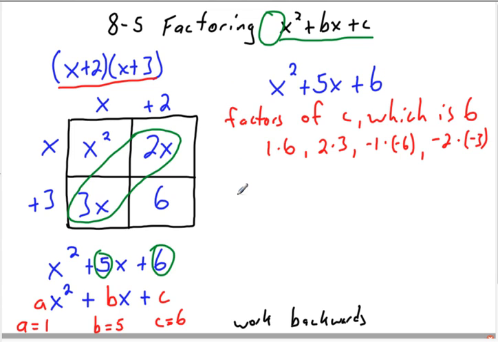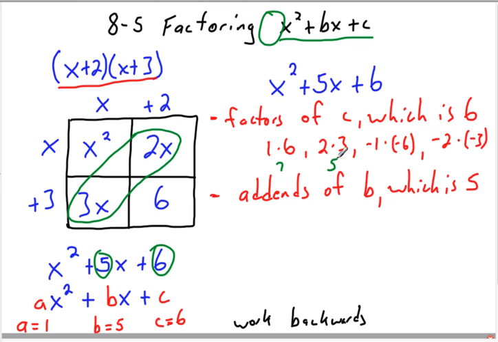Here are factors of c, and we want addends, things that add together, of b, which is 5 in this case. So which of these four pairs add up to 5? Well, that adds up to 7, and that one's 5, and that one's negative 7, and this one would be negative 5. So this is what we're looking for. We want factors of 6 that add up to 5.